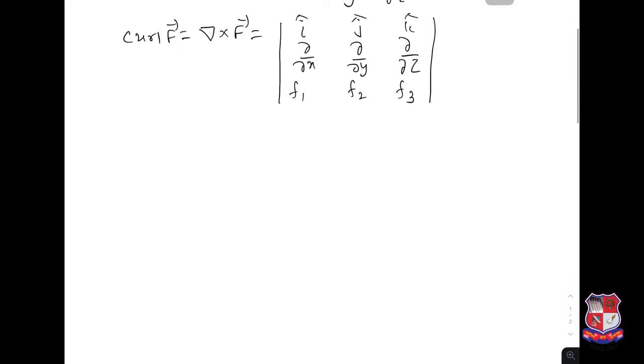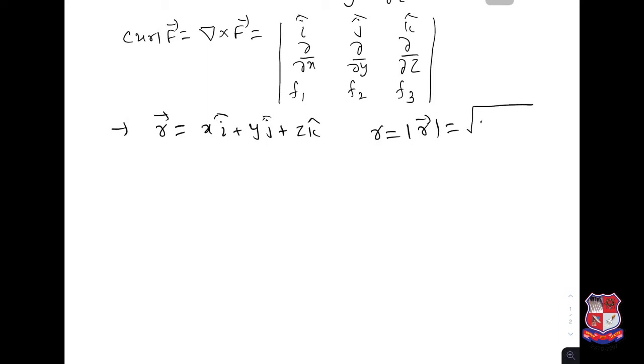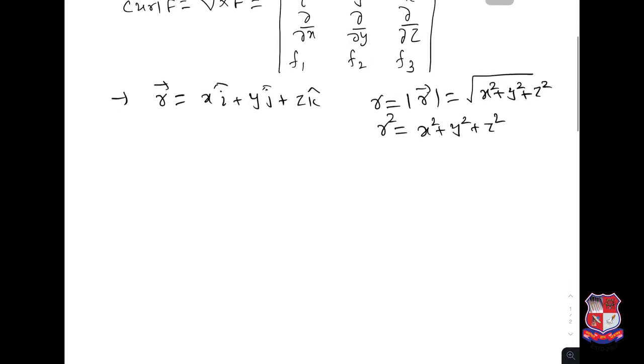Now we know that let us take this r as a position vector. So r is xi plus yj plus zk, and let us write this r as magnitude of r, that is nothing but root of x square plus y square plus z square, or you can say r square equal to x square plus y square plus z square.